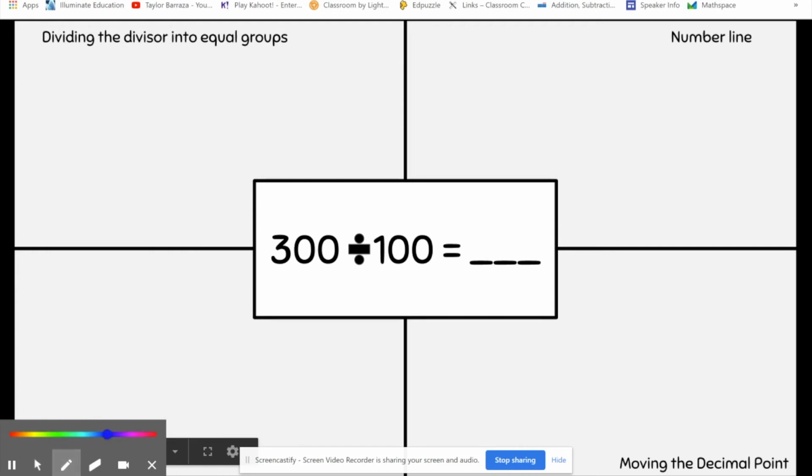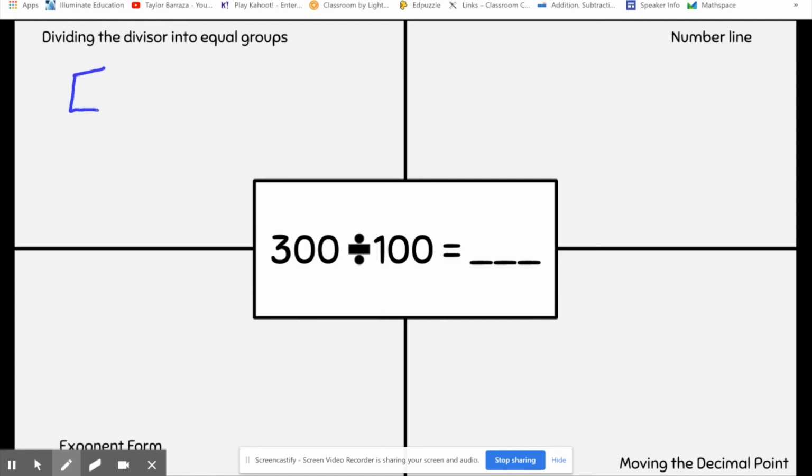Our next problem is 300 divided by 100. In order to divide the divisor into equal groups, I'm going to draw 300 to represent the divisor using base 10 blocks. And I'm dividing this by equal groups of 100.